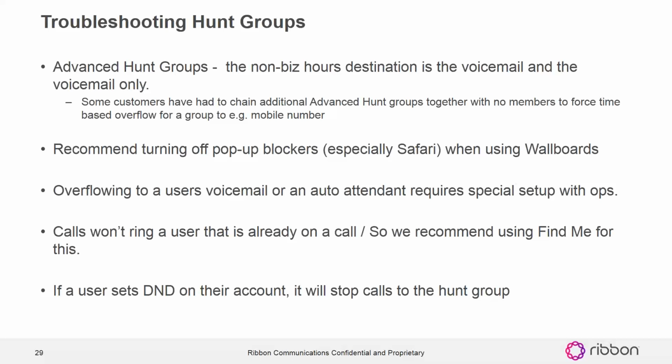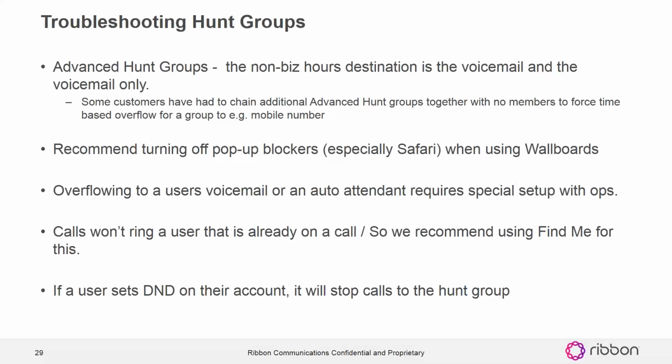One of the things, if you want to overflow to someone's voicemail or an auto attendant, then our team can do that, but we just need you to open up a case for our operations team to do that for you. A couple of other things. One is that a hunt group will not ring someone who is already on a call.